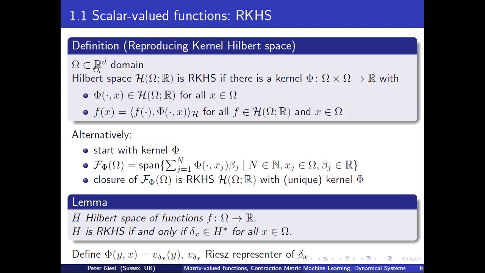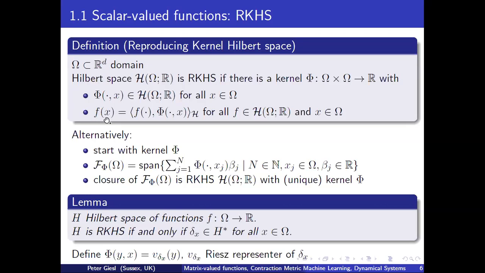So let's start with a domain omega in R^d, and we're looking at a Hilbert space of functions from omega to R. Such a Hilbert space is called a reproducing kernel Hilbert space, or RKHS, if there is a kernel, a map from omega times omega to R, with these two properties. The first property is that if we fix one entry of our kernel, x in omega, then as a function of the other entry, it's a function in the Hilbert space.